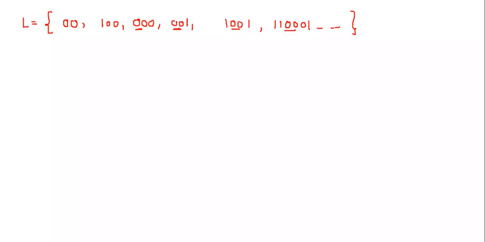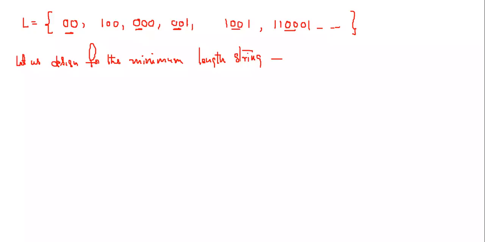Now what is the minimum string? The minimum string is 0, 0. Now you write the diagram for the minimum length string. Let us design for the minimum length string. 0, 0 is the minimum length string.